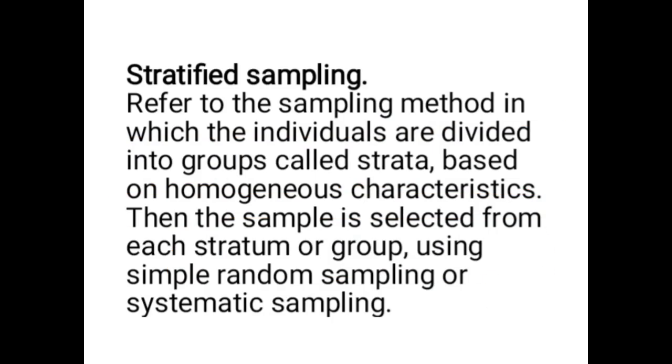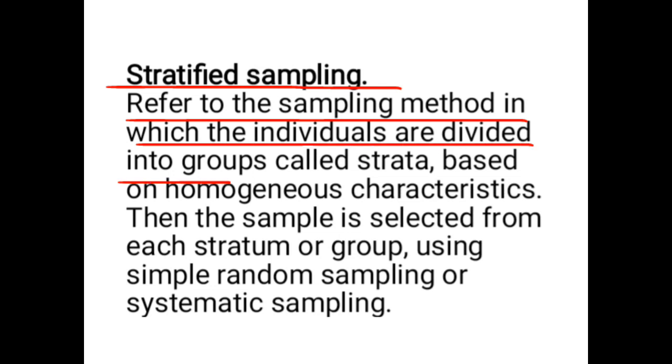Now, another type of probability or random sampling is stratified sampling. What is stratified sampling? This refers to the sampling method in which the individuals are divided into groups called strata. The individuals are firstly divided into groups. These groups are called strata.